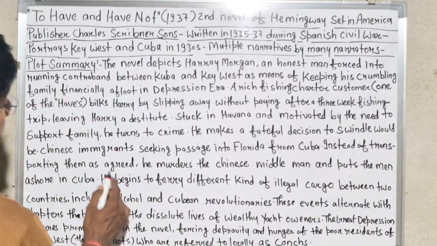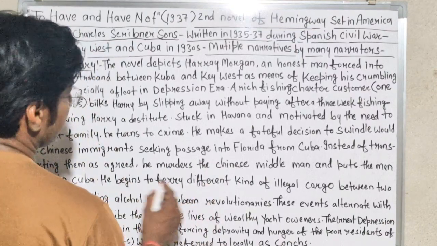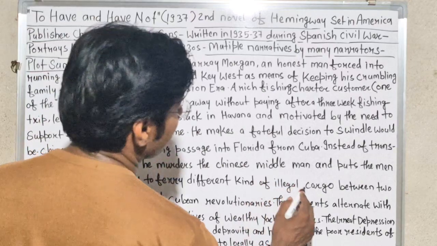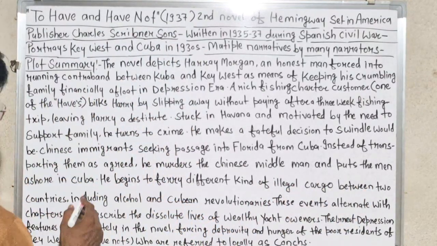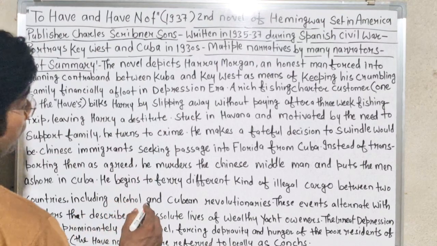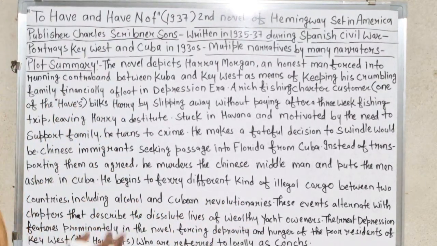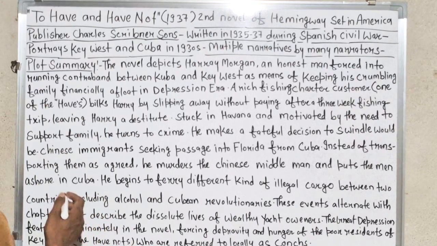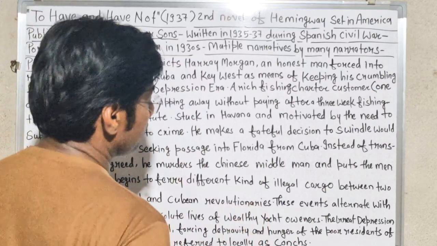He begins to carry different kinds of illegal cargo between the two countries, including alcohol and Cuban revolutionaries. See how he starts doing wrong things.